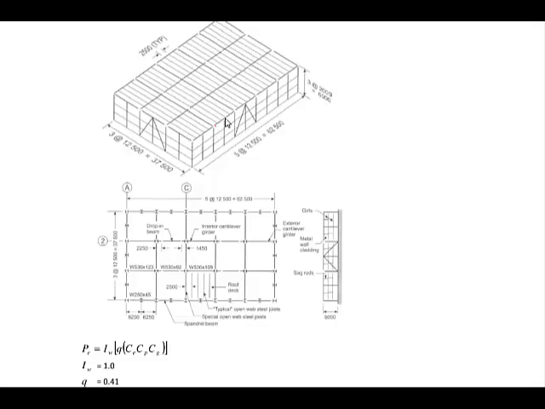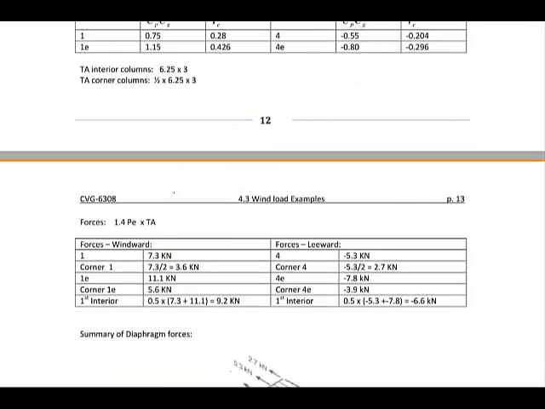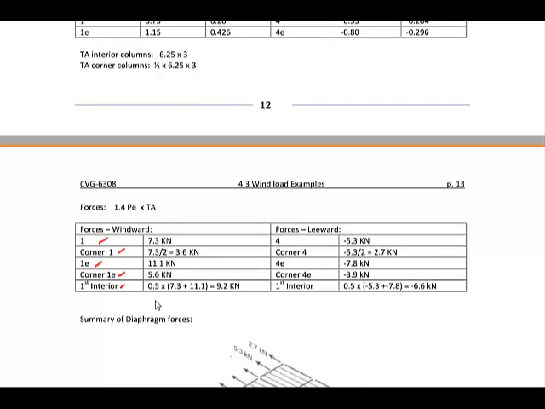This is just a single-story building. So for example, if I look at this column here, I just need to use the tributary area for this column, and I could find the point load over here. So I can do that, and I can find it in region 1, in the corner of region 1, and in region 1E, and in the corner of region 1E, and at the first interior column where you have this average that I mentioned.